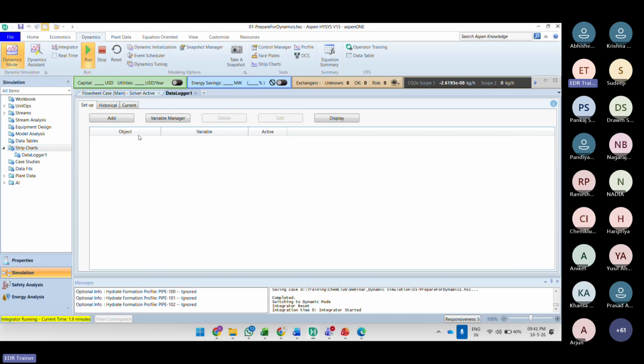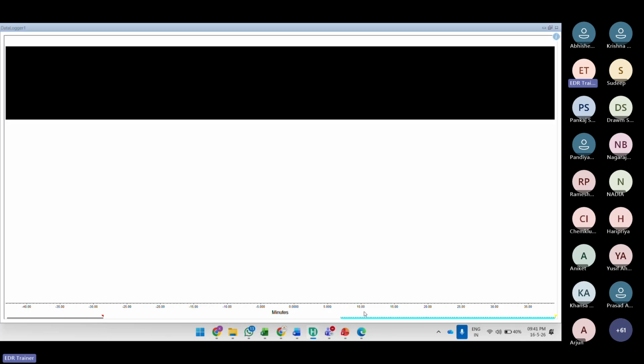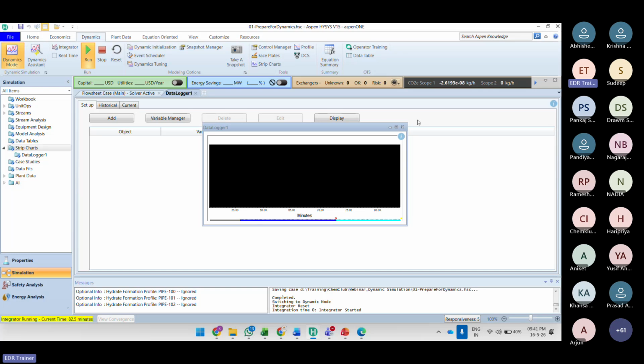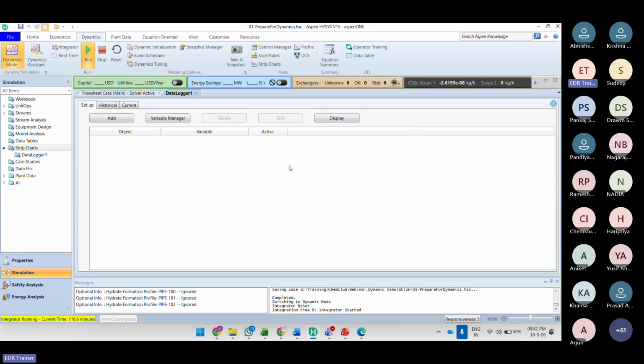You can see now the time scale is changing, and as the time changes, you will see the plots in which you are interested. I think that will be done when we take some actual problems.